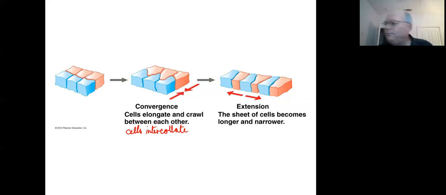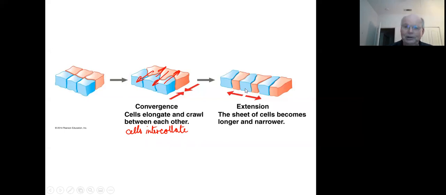So you have this cell moving in between these two cells. This cell is moving in between these two cells, and likewise. So this is what is meant by intercalation. They insert themselves in between each other as they elongate. Then once they have fully grown in between each other, then the cells expand sideways.